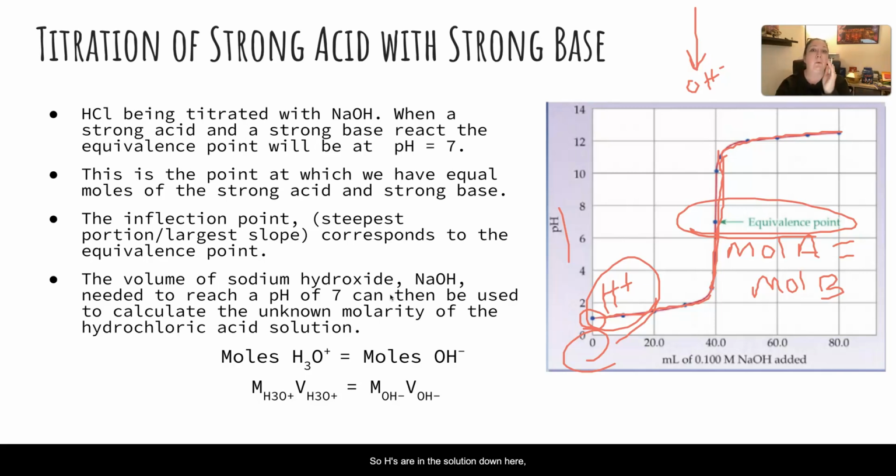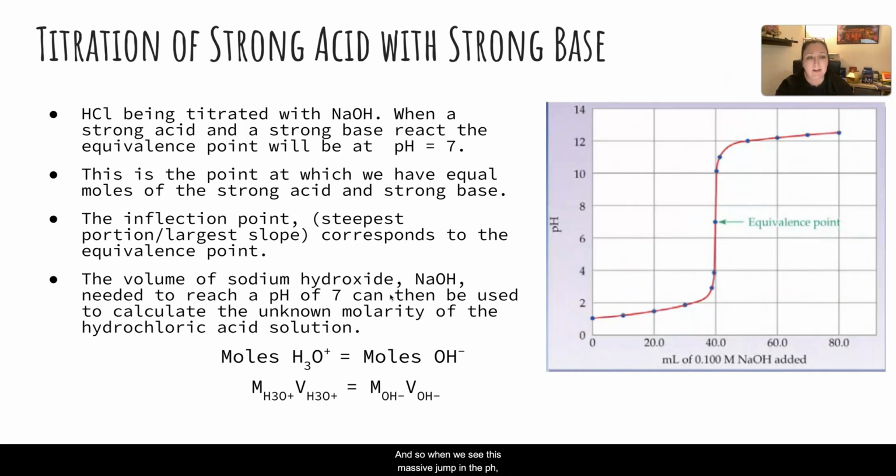So H pluses are in the solution down here, and we're dropping in OH minus, OH minus, OH minus, and they're making water over and over again. And then all of a sudden there's this massive jump in the pH. And so when we see this massive jump in the pH, because we measured the pH here, and then after the next drop, it's highly unlikely that you measured exactly at the equivalence point.